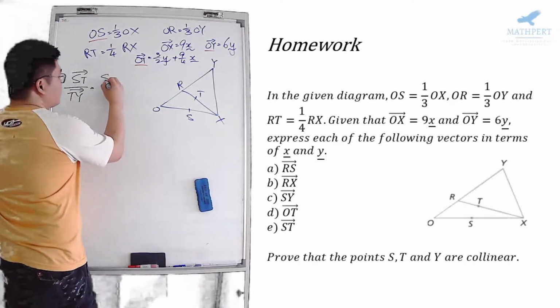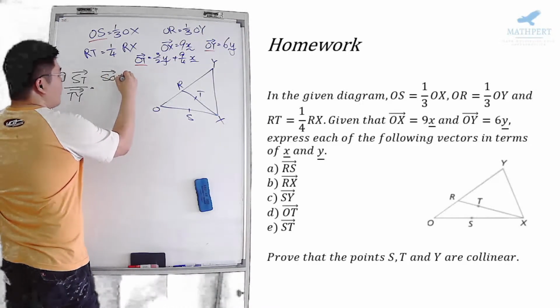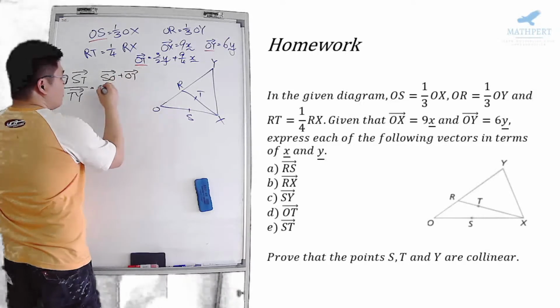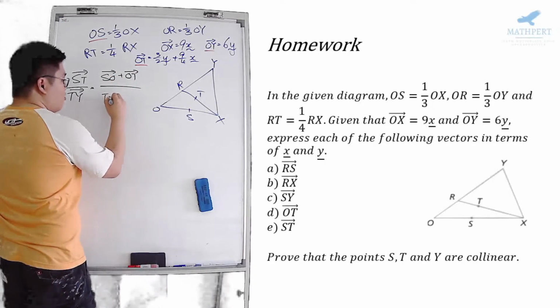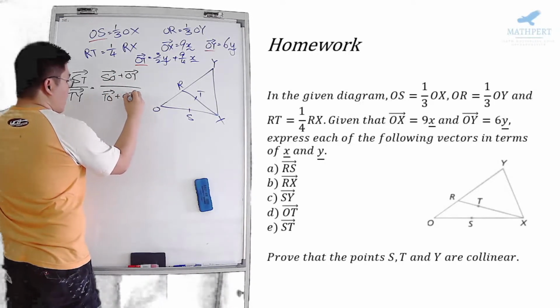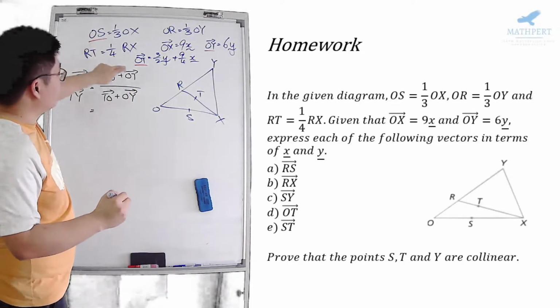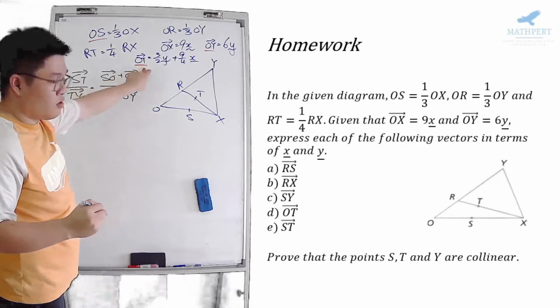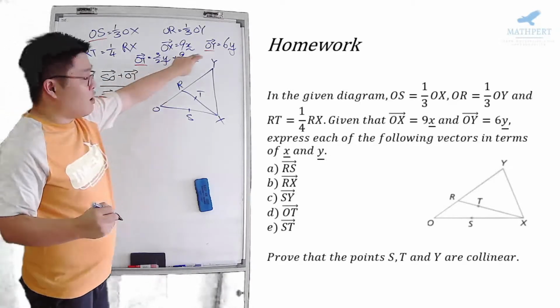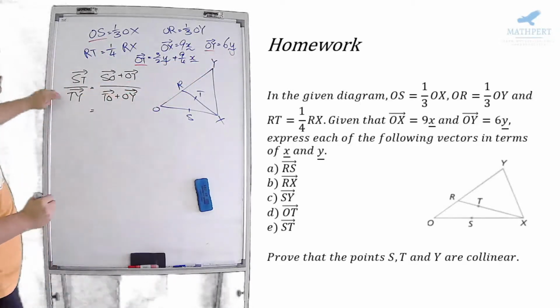ST is SO plus OT. What is TY? TO plus OY. We have SO, OS, OT over here, and OY we have here. So we can find ST and TY.